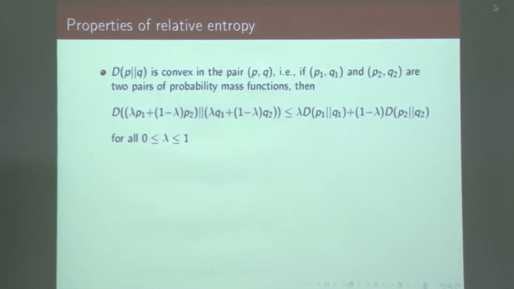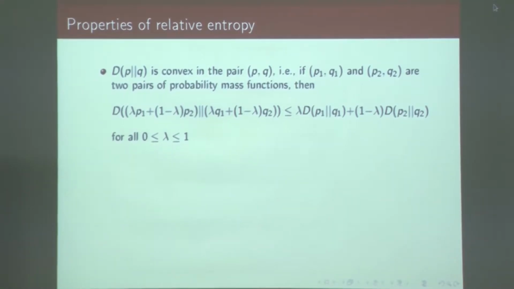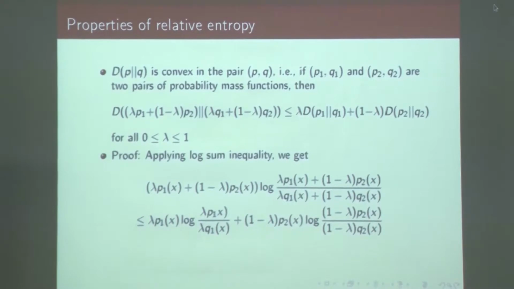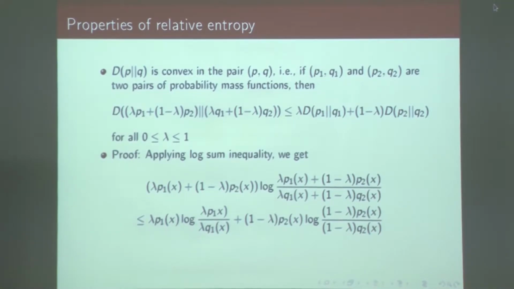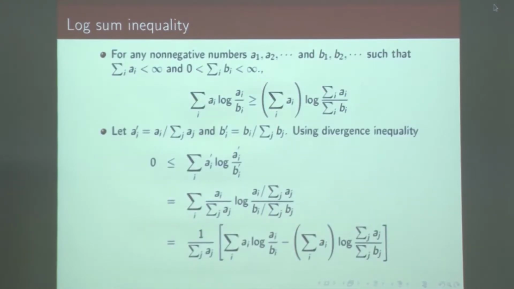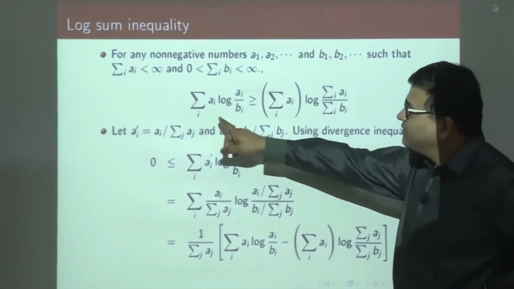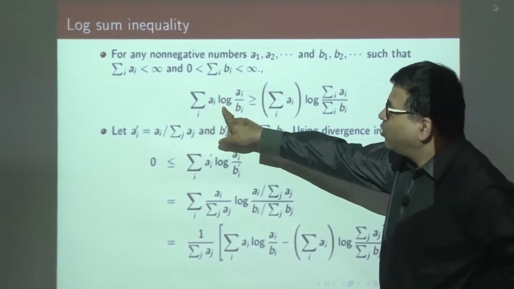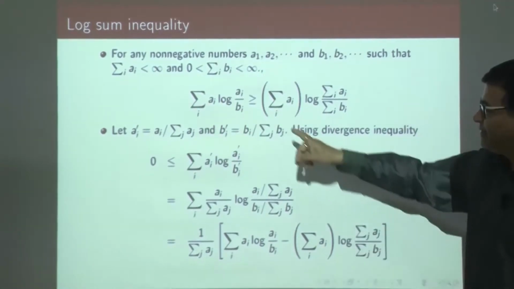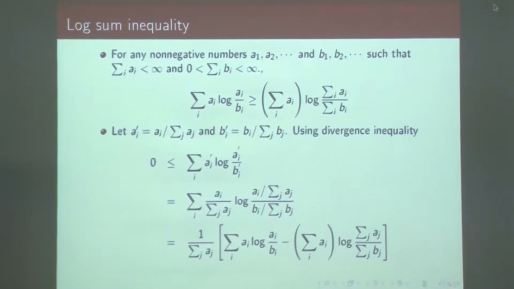Okay. Now, to prove this, I am going to make use of the log sum inequality. Just go back to this. It says summation ai log ai by bi is greater than summation ai log summation ai by summation bi.